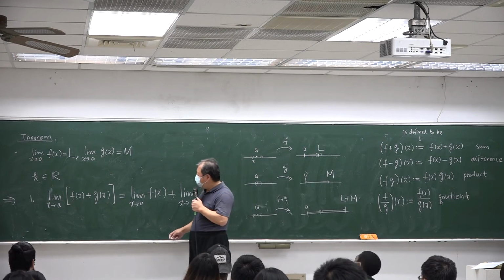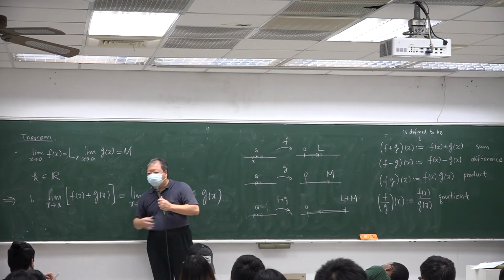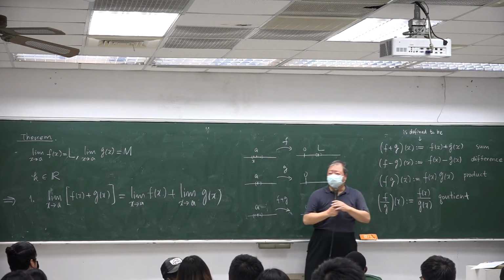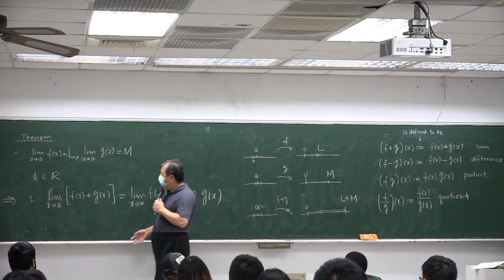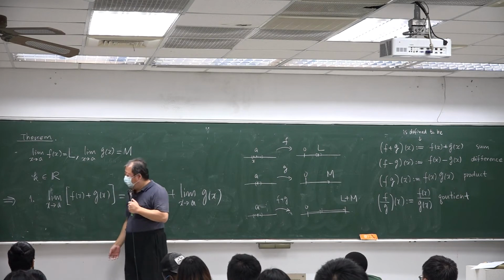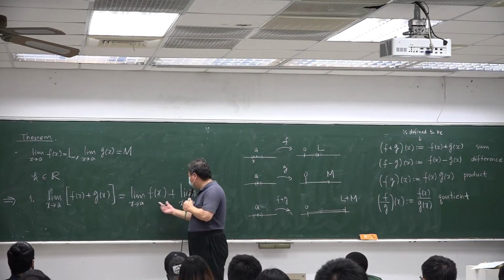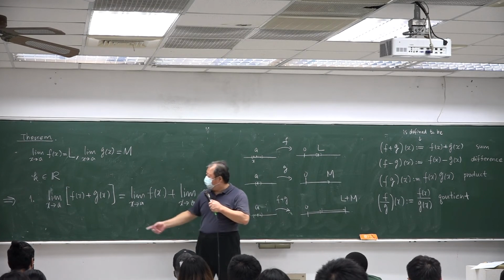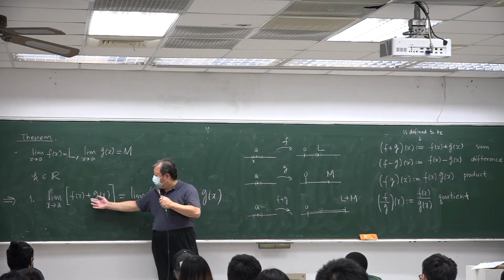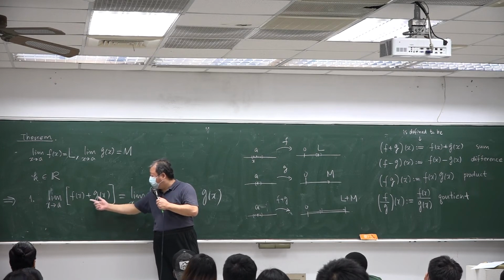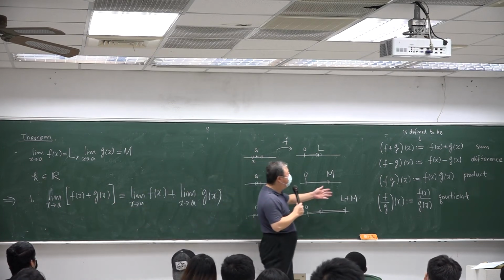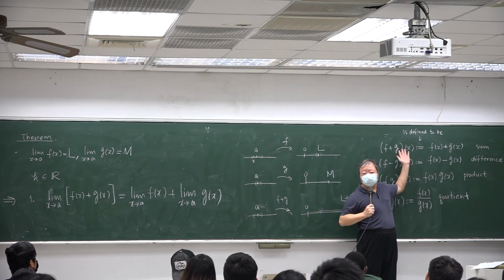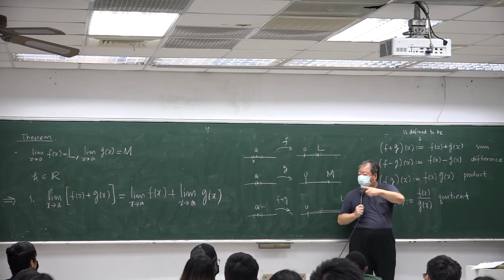So if we add two functions first, then take the limit, it equals taking the limit first, then adding these two numbers. Here, addition is the sum of two numbers, but you can replace this by this form.